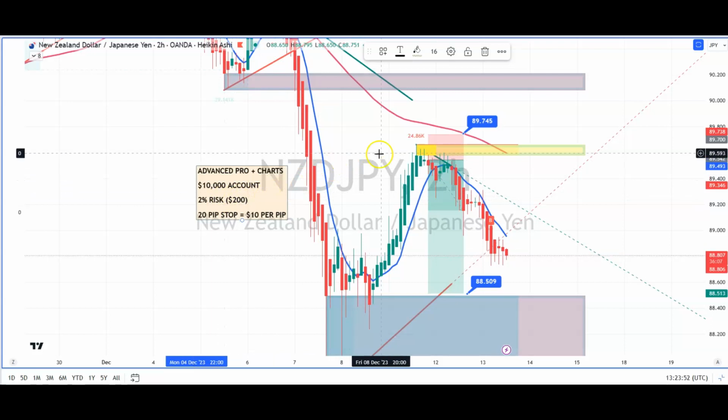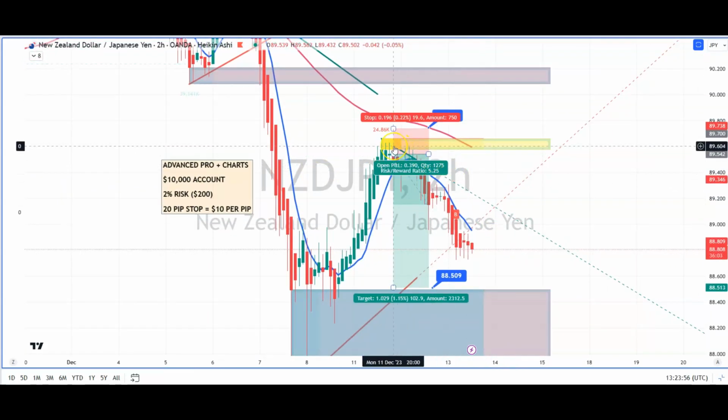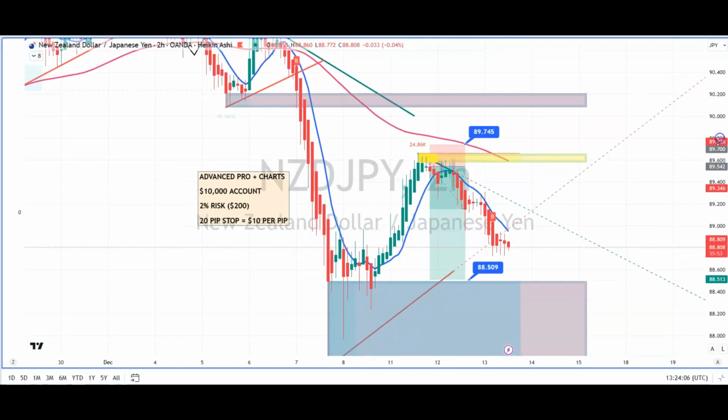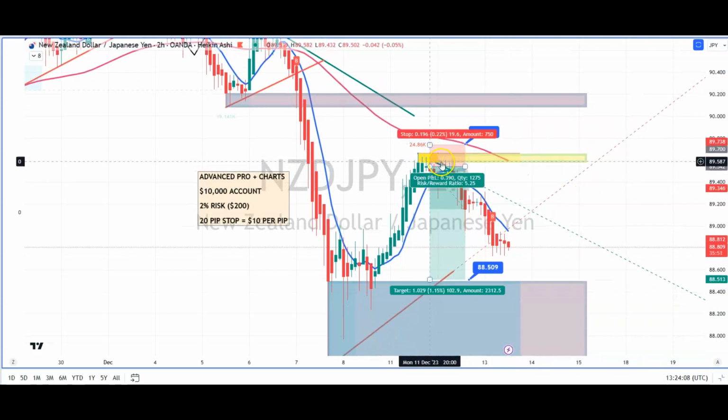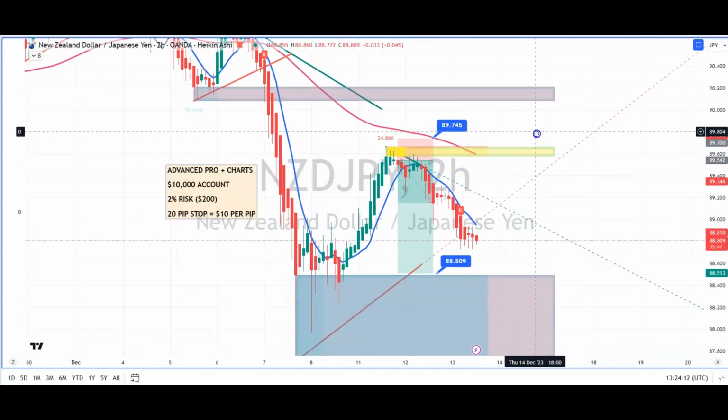But this time, if you notice at this liquidity zone, this is telling you that the institutions are getting ready to sell off. It's special settings, so you need the Advanced Plus charts to know where this line is, but nonetheless it's below the 50 EMA as well.